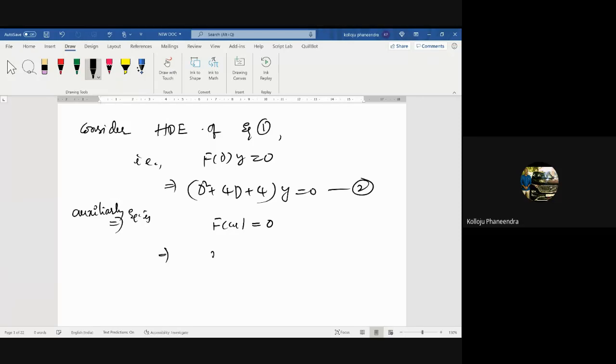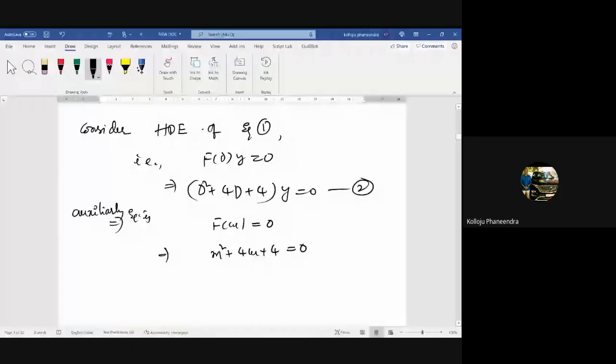The auxiliary equation is f of m equal to 0. That implies m square plus 4m plus 4 equal to 0, which is m plus 2 whole square equal to 0. Is it correct? Right. So m equals negative 2, negative 2.